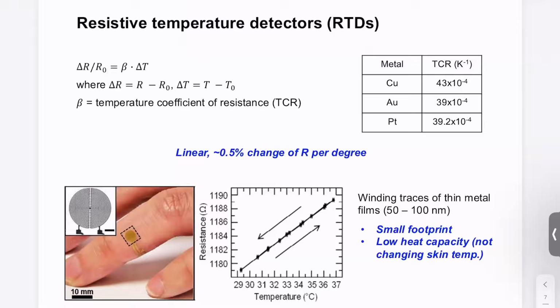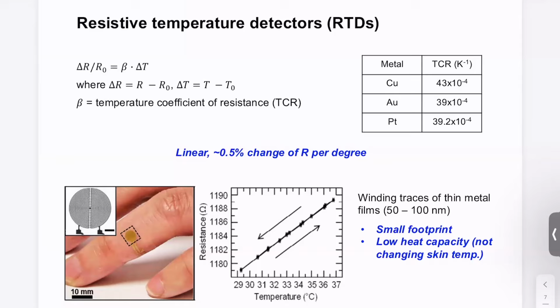You need it long enough to actually detect the sizable change. That's one point. Another point here is, by having winding traces, the resistance increases. We need to have a large enough resistance because there's parasitic resistance in our system.